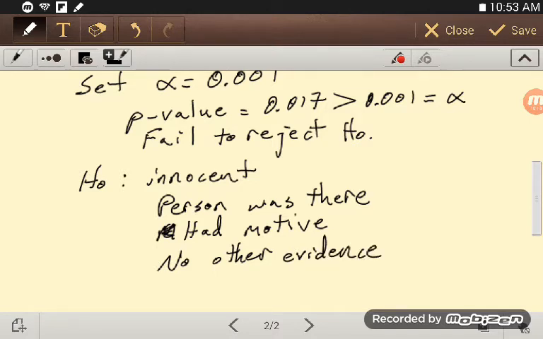In that case, we probably have not met our alpha threshold. What's alpha? Well, beyond a reasonable doubt, right? So alpha is beyond reasonable doubt.